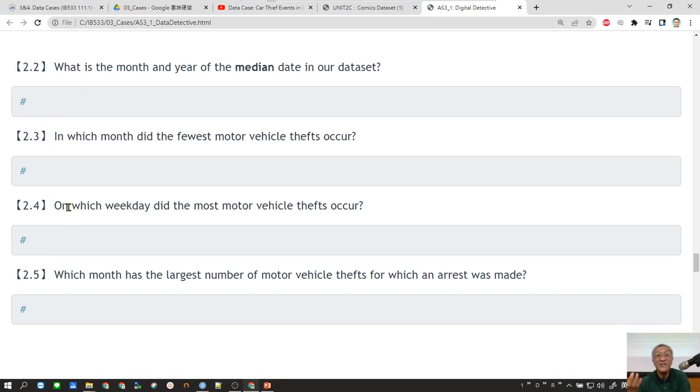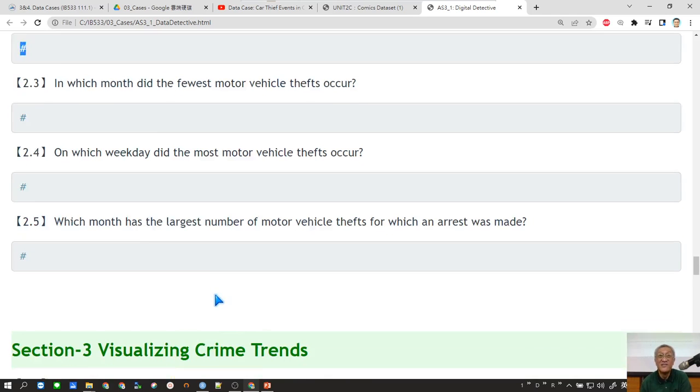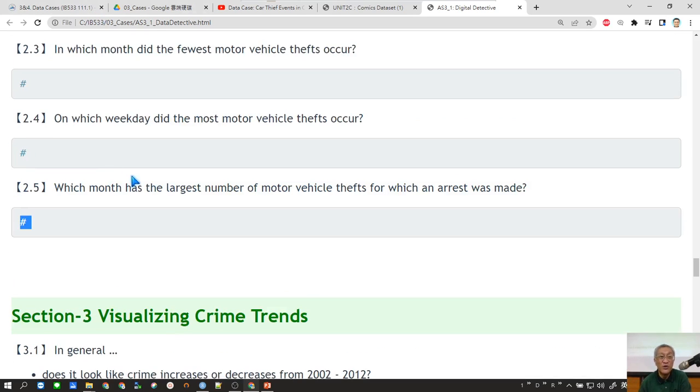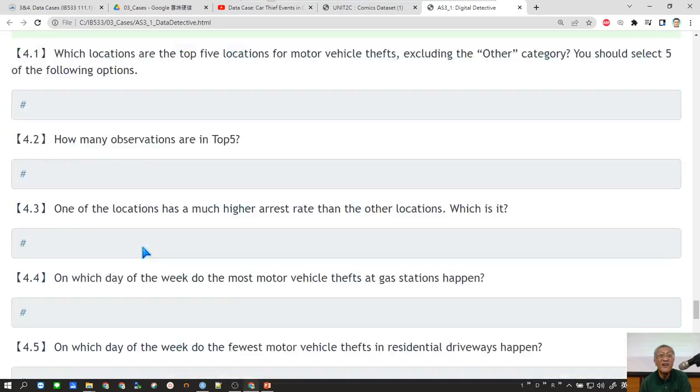In your team assignment, you will need to write the code to answer this question. Just replace this remark with the code that is used to answer this question. You can see that, right?